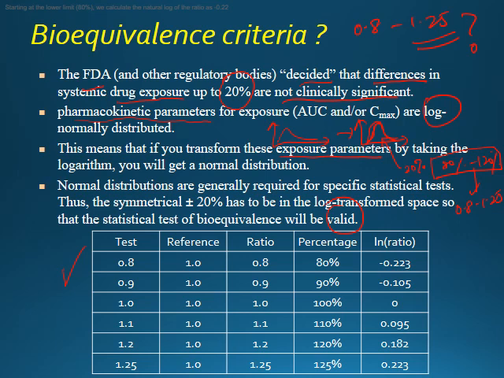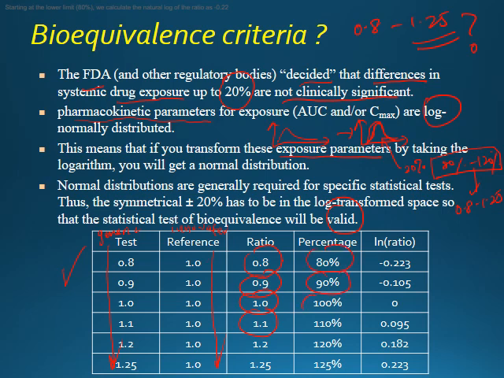This is our test, and this is the reference, the innovator, and this is the one for the generic. We take the ratio of the two, and we get this. This is a ratio.